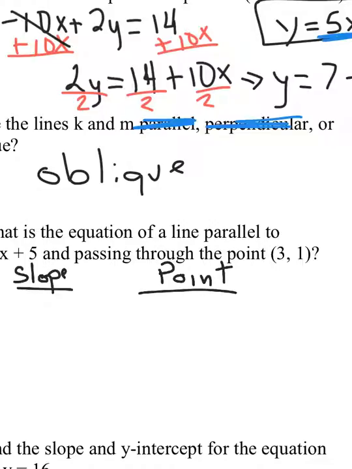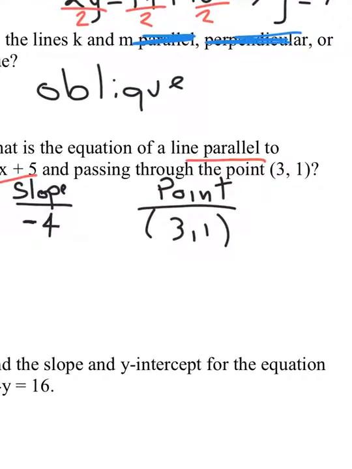So if I am parallel to this equation, what slope should I be using? Negative 4. Remember, parallel is identical, same slope. The point is 3, 1. So again, tomorrow, if you're not able to use your notes, you will have the formulas for each equation.